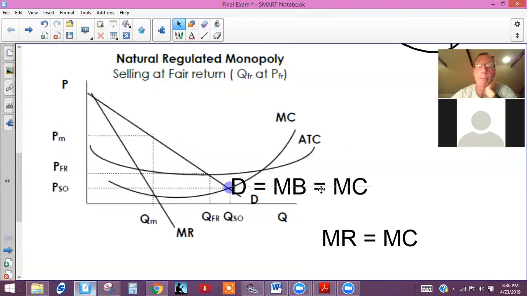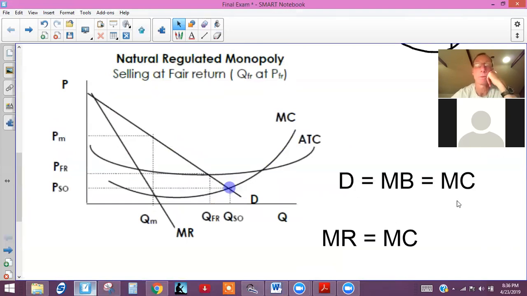Where they want to produce is the profit maximization point. They're going to maximize their profit right here. Profit is maximized where marginal cost equals marginal revenue. That's where profit is maximized, and they're going to charge a price up here, on the demand curve.